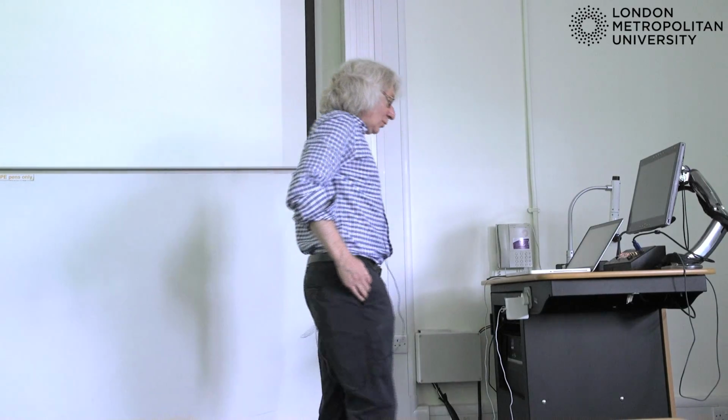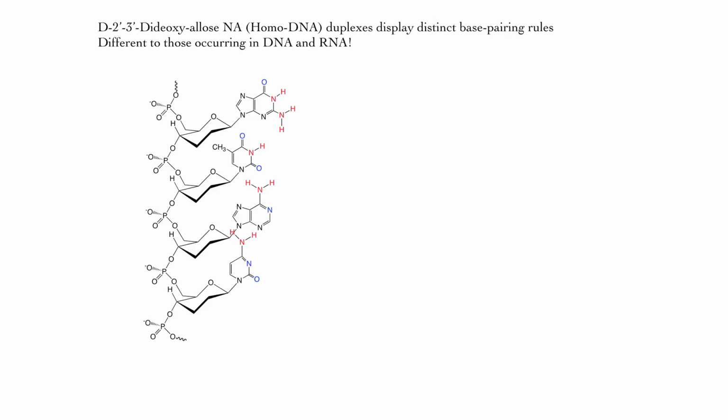Now, modeling might have predicted that, but until you actually make it and test it, you can never know, because modeling can't predict everything with 100% fidelity. Also, the dideoxy analogues display different base pairing to what we see in DNA and RNA, which is very interesting.